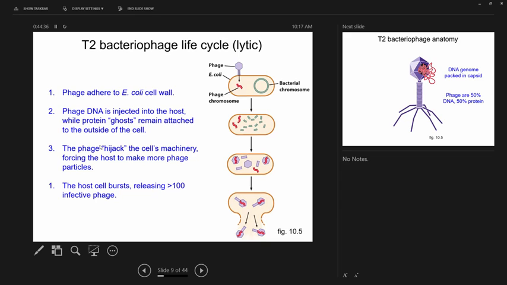So when you throw bacteriophage in with E. coli at a certain temperature, scientists knew exactly how long it would take for the bacteriophage to latch onto the outside of the cell, exactly how long it would take for the DNA to be put into the cell, exactly how long the process of making new bacteriophage would take, and when the cells would burst. It was timed down to the minute.